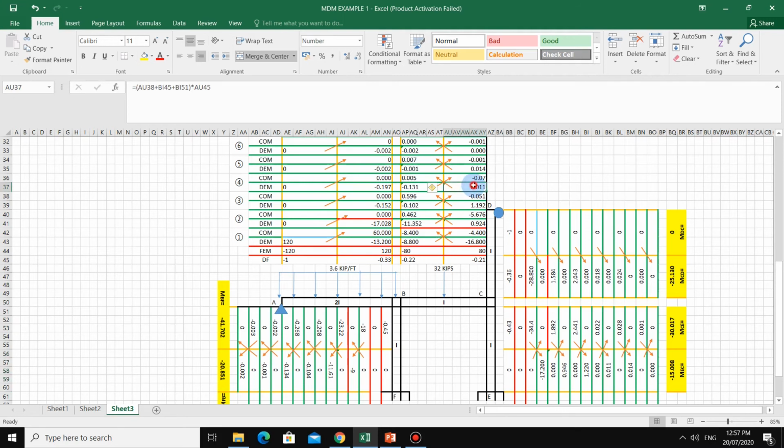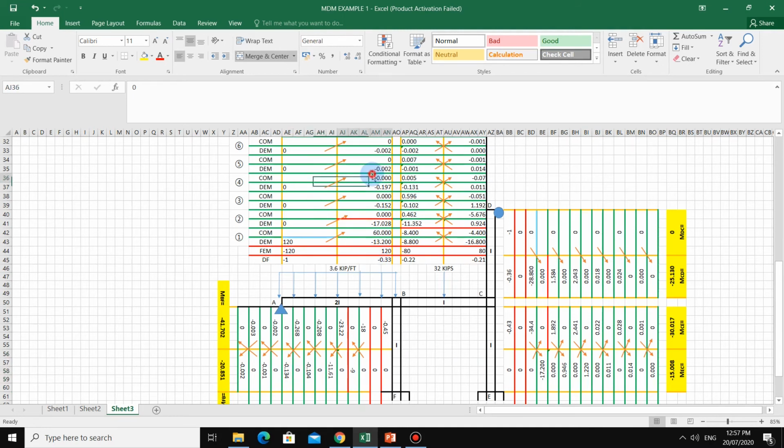For C also, it comes from negative 0.51, then 0, 0, times the distribution factor. Only the factor changed. Then negative 0.022, then here 0 again. So next is carry over.